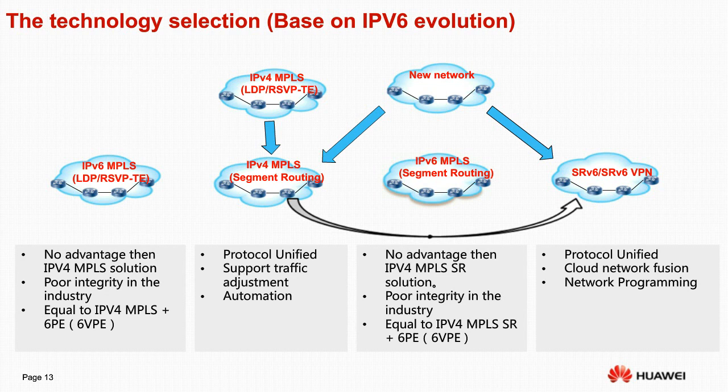Also, SRv6 is easy to support cloud networks, and it has more programming capability. A new service or new app can be deployed more easily than with MPLS segment routing. It is Huawei's view.